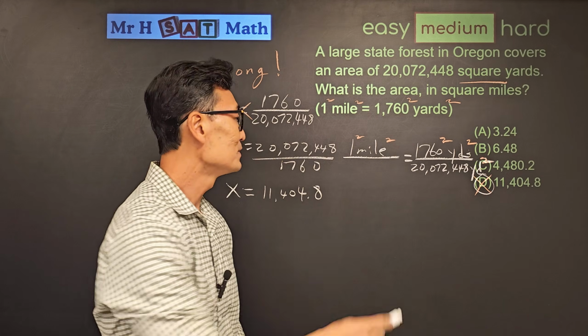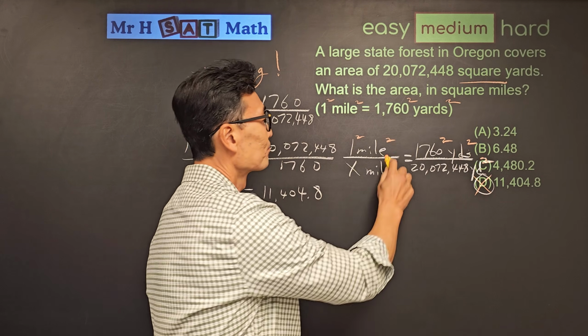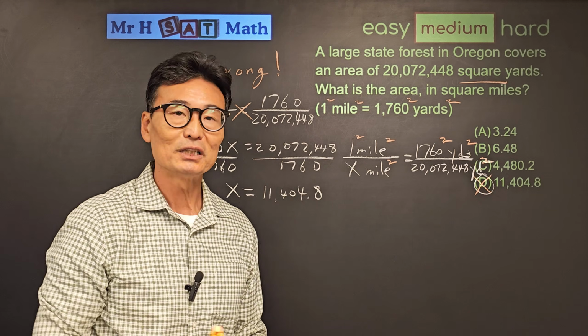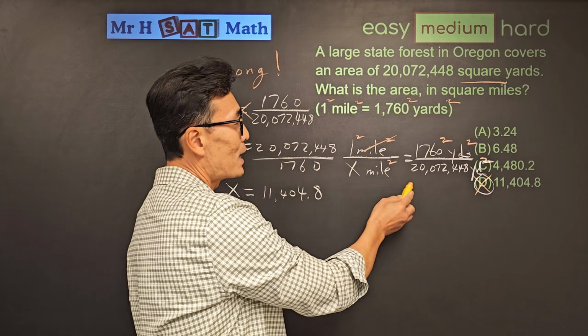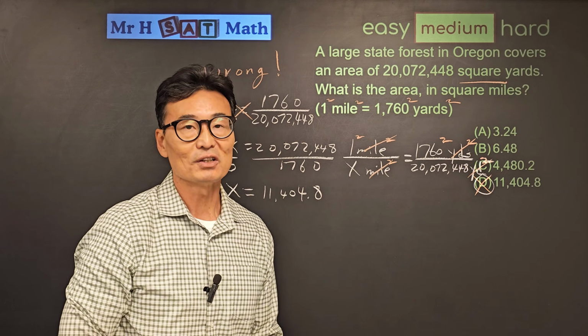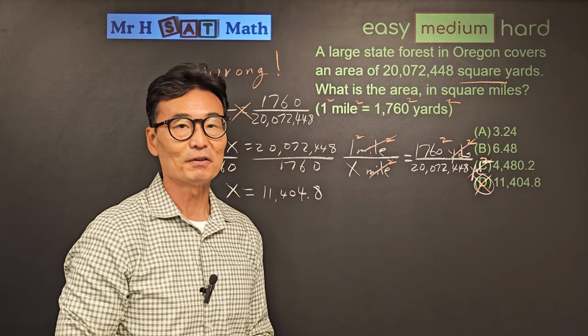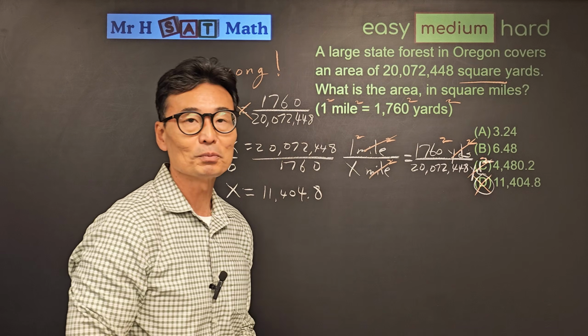Then on the bottom left, I'm going to put x mile, once again, square. By doing it this way, the units, the mile square, yard square, will cancel out, hence leaving us with just the number that we could solve for the value of x. Let's go ahead and cross multiply.